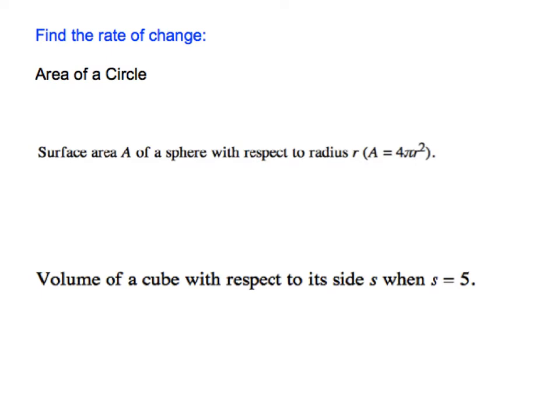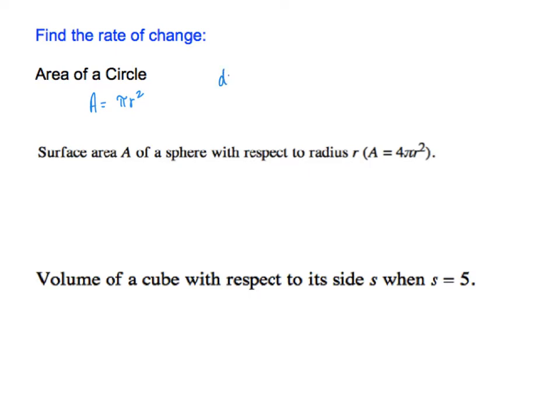All right, so find the rate of change of the area of a circle. So this is just kind of warming up to it. We can find the rate of change of any equation. Sometimes there will be some meaning to these equations. Sometimes they'll just be basic functions. Okay, so if we want the rate of change of the area of a circle, we have to start with the area of a circle, which is pi r squared, and we would derive it with respect to the radius.